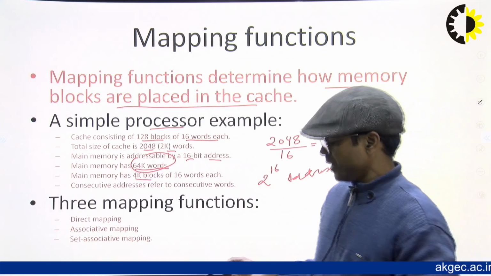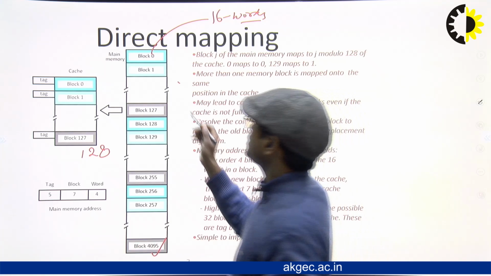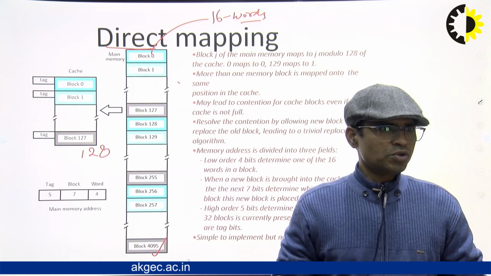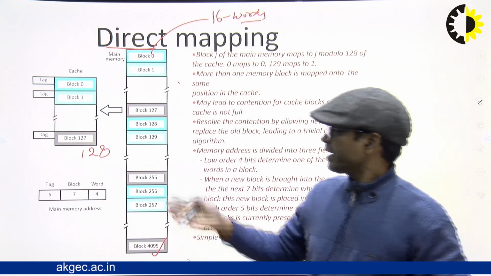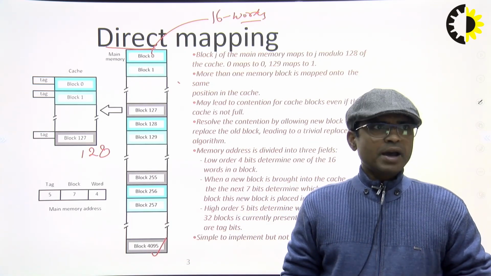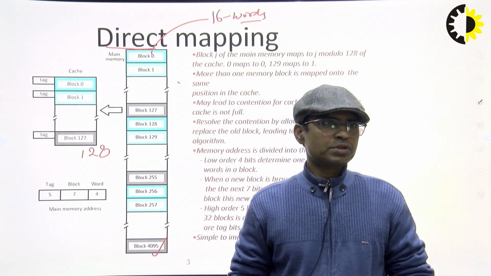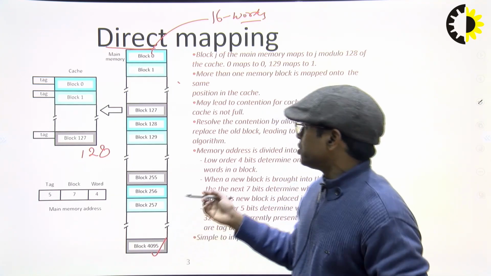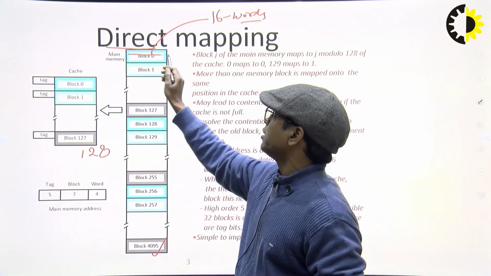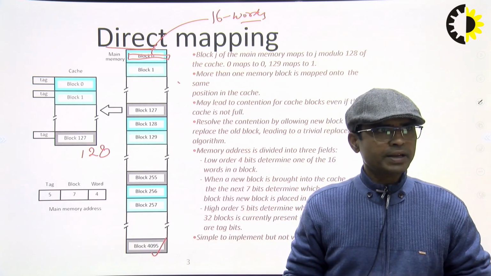So, we come to the first mapping technique, called direct mapping. We already know that the memory has 4096 blocks and the cache has space for 128 blocks. If any particular word is accessed by the processor from main memory, it will be somewhere inside a block.